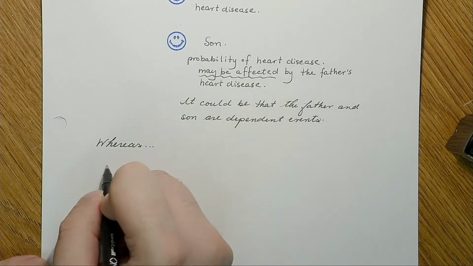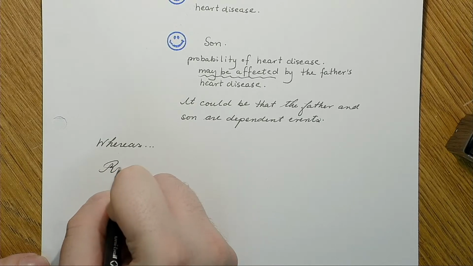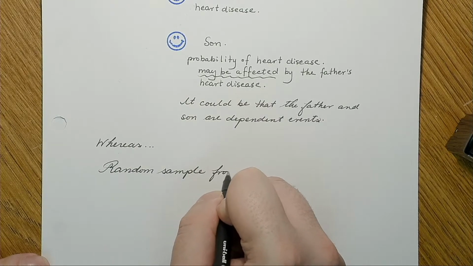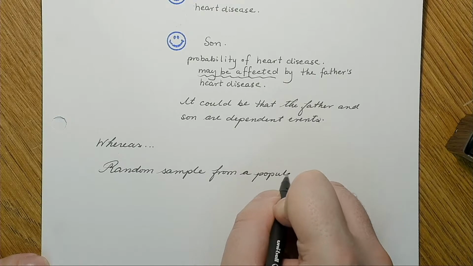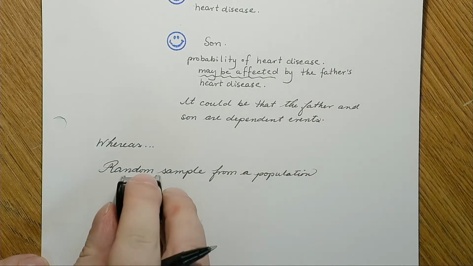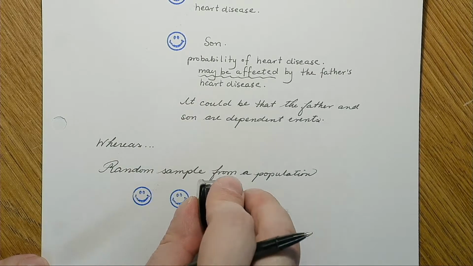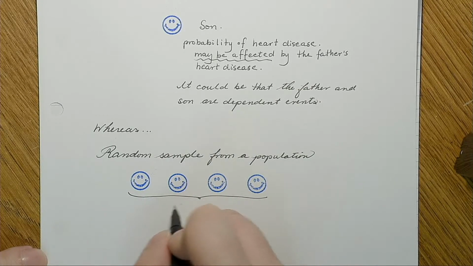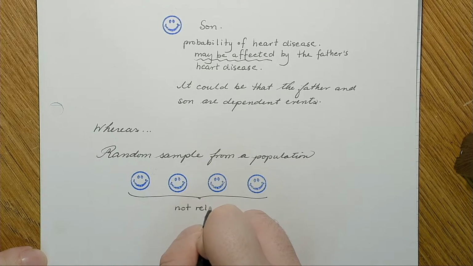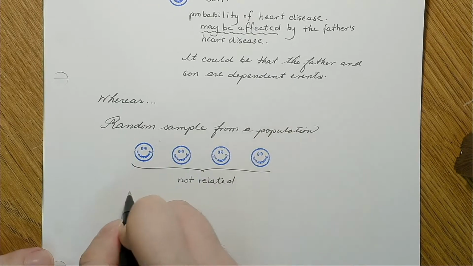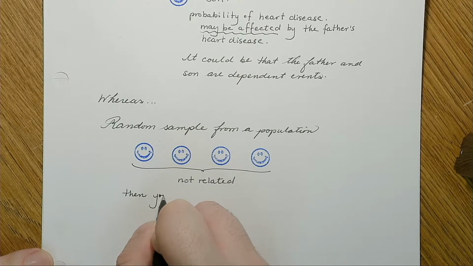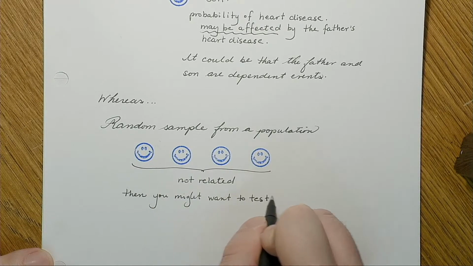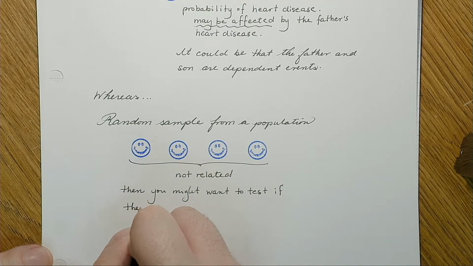Whereas if you did a random sample from a population, and these are not related, then you might want to test if they are independent.